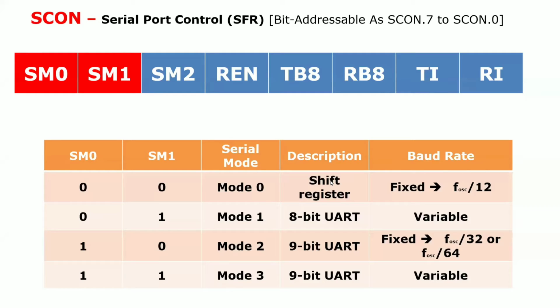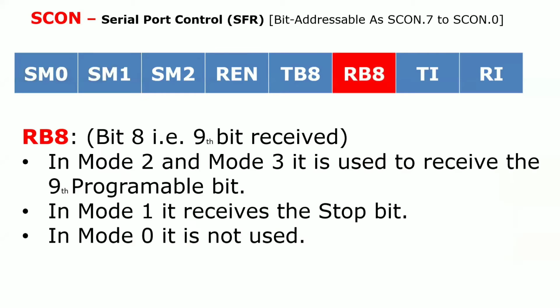Mode 0 is also known as shift register mode, and mode 1 we call 8-bit UART mode. Mode 2 and mode 3 we call 9-bit UART mode, but there is a difference between them: one has a fixed baud rate and the other has a variable baud rate. We will discuss each and every detail in this class, don't worry.